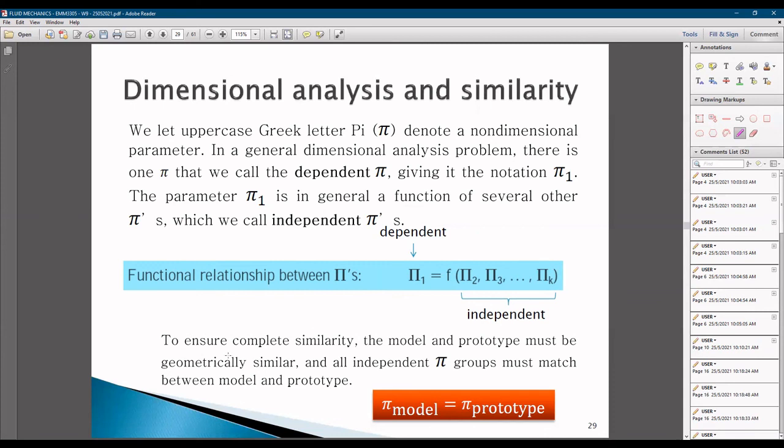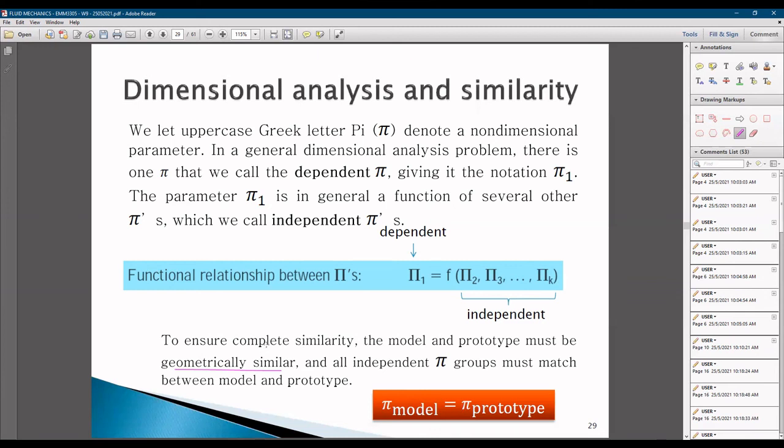You can rewrite the functional relationship like this. To ensure complete similarity, the model and prototype must have geometric similarity, and all independent pi groups must match between model and prototype. Pi model equals pi prototype.